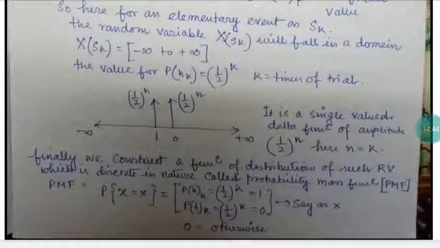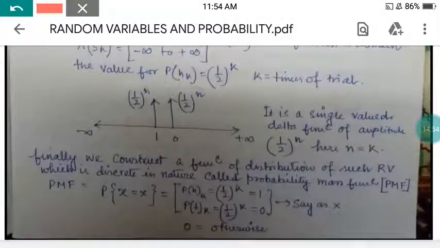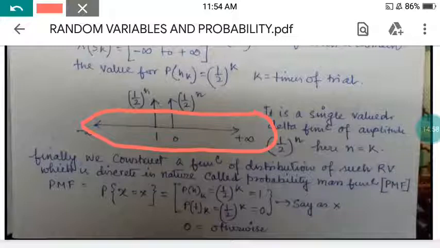So when that discrete function is plotted in the range of X(sk), which I have already given, the range is minus infinity to plus infinity. Here 1 and 0 are two sample points which represent two delta functions. Basically, this delta function representation is called the probability mass function, that is PMF.